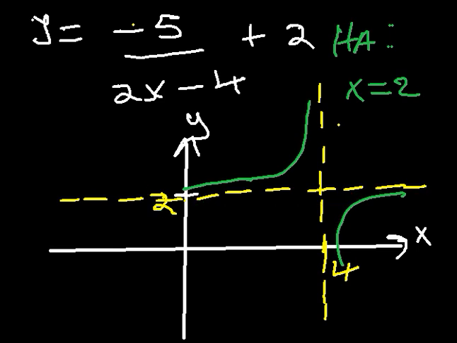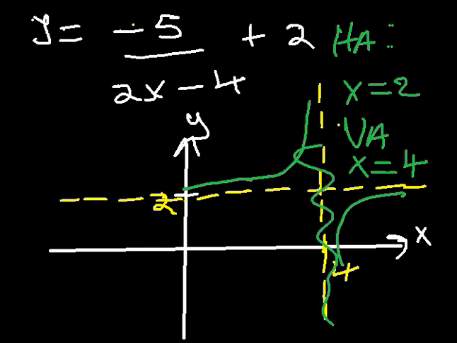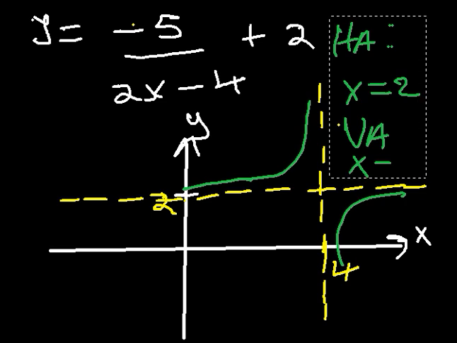That is the value of the horizontal asymptote. Then how about the vertical asymptote? The vertical asymptote is given as x being 4, which is this line. So keep that in mind about the asymptotes.